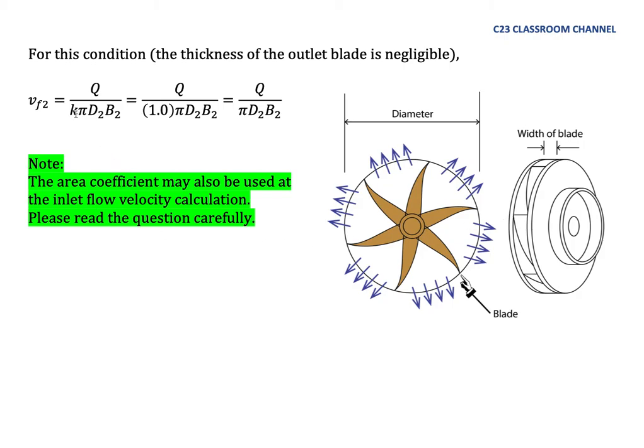Sometimes we will use the area coefficient at the inlet. So please be careful with the question whether they give you the value of K for inlet and outlet, or they just give you the value of K for the outlet only.